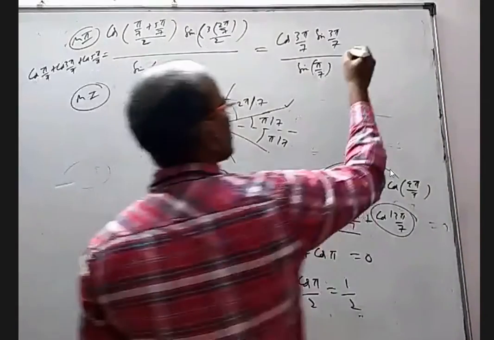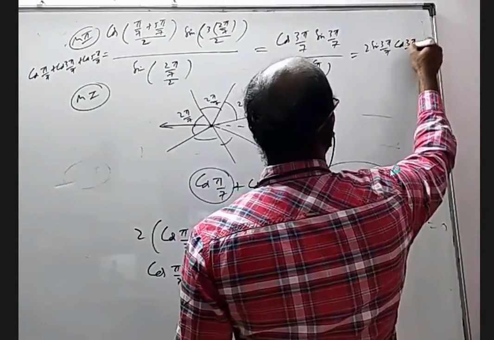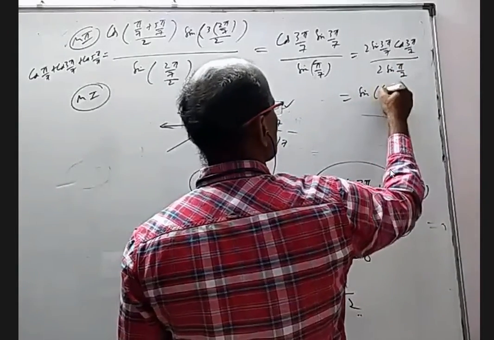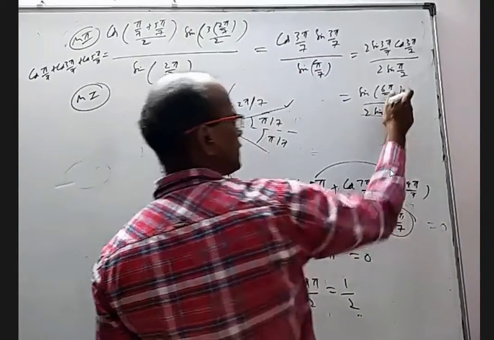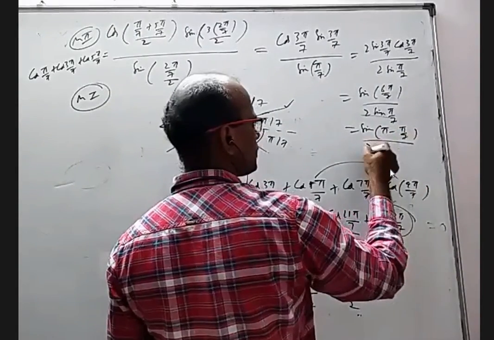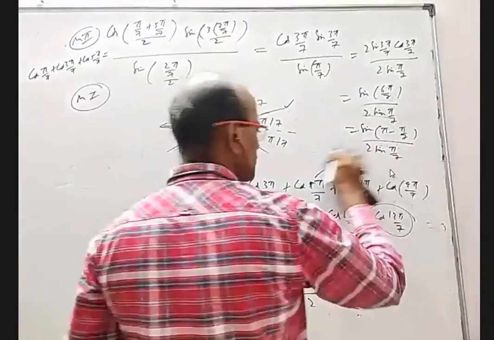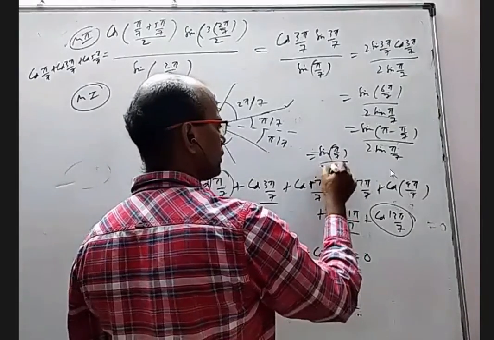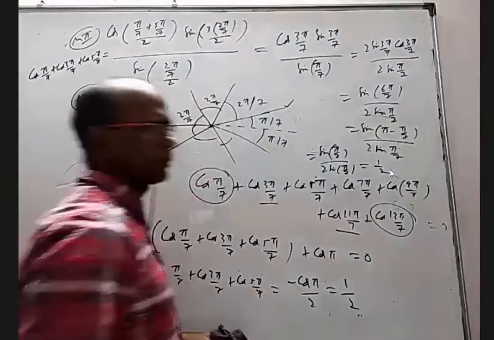It will be 2 sine 3 pi by 7 cos 3 pi by 7 by 2 sine pi by 7, that is sine 6 pi by 7 by 2 sine pi by 7. Their sum is pi, so numerator 6 pi by 7, I can write pi minus pi by 7, by 2 sine pi by 7. Sine 180 minus theta is sine theta, so you will get sine pi by 7 by 2 sine pi by 7. Cancel these two, you will get 1 by 2.